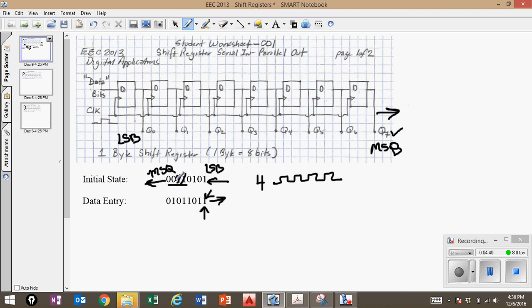So they will be canceled or they will disappear, which means you are left with 0101. That has moved from these first 4 positions, and it will be shifted over to the next 4 positions, because remember, we executed 4 clock pulses.